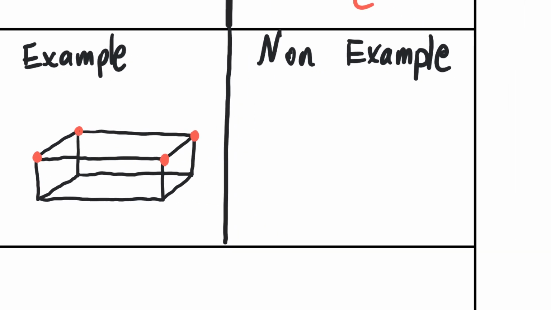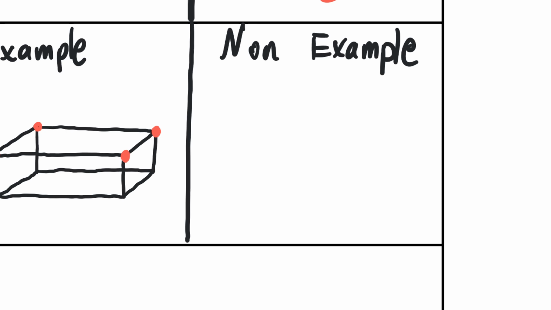Now, let's talk about draw a non-example. So I'm going to do the same thing. I'm going to draw a rectangular prism here. Yeah, this one got all jacked up. It's terrible.